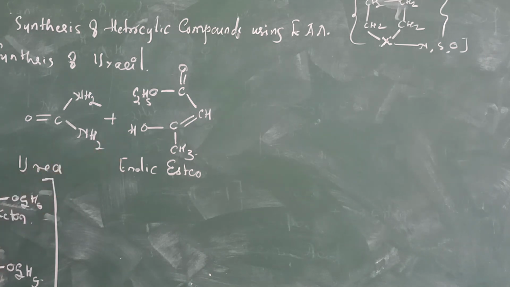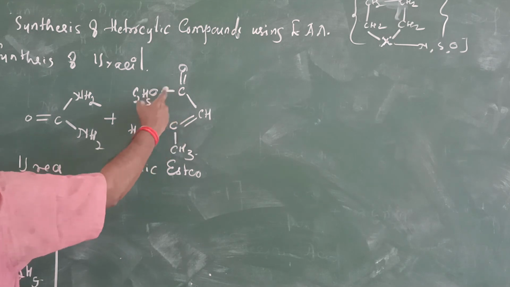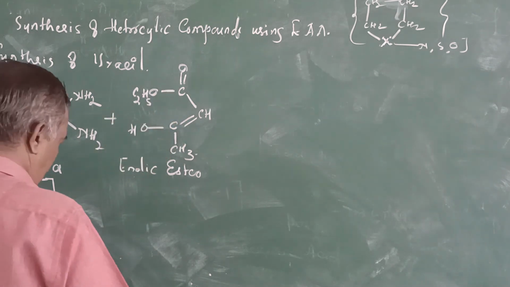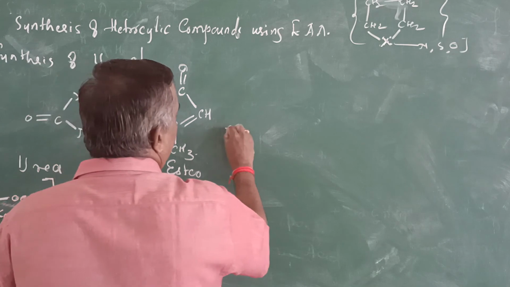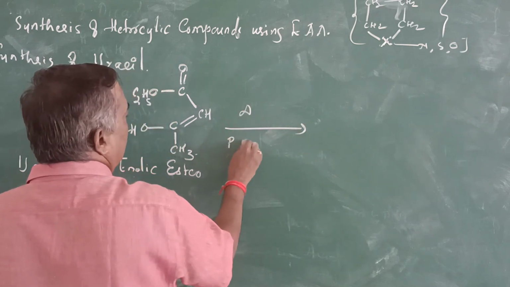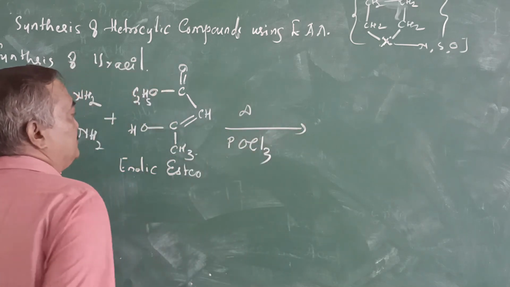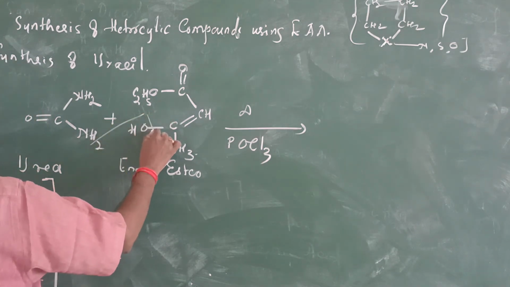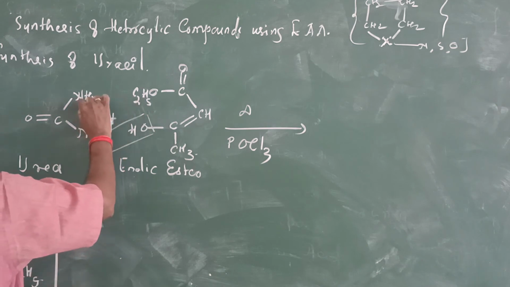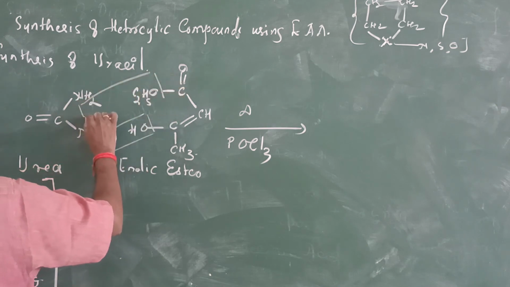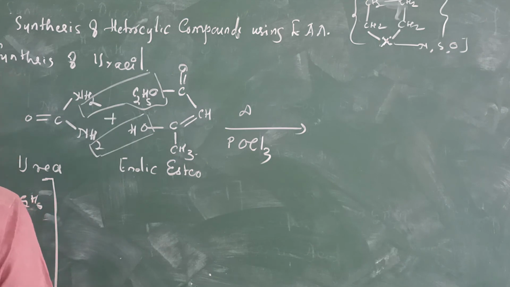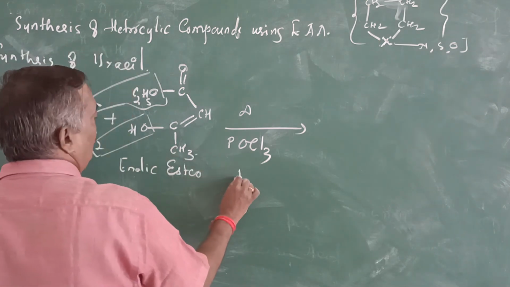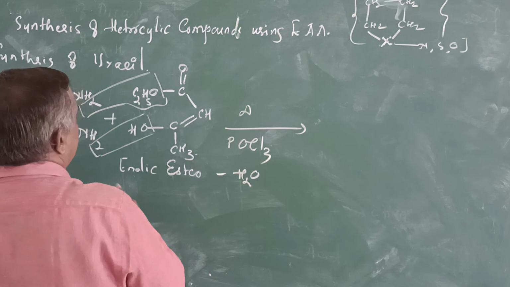So for this, I have taken OH, CH3, double bond CH, C double bond O, O-C2H5. So when these molecules are heated in presence of phosphorus oxychloride, now this is the beauty of the reaction. The OH of this, then H of this, OC2H5 of this will be eliminated, and you will get first water, that is the minus sign.